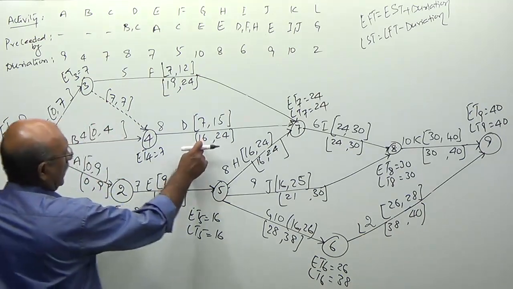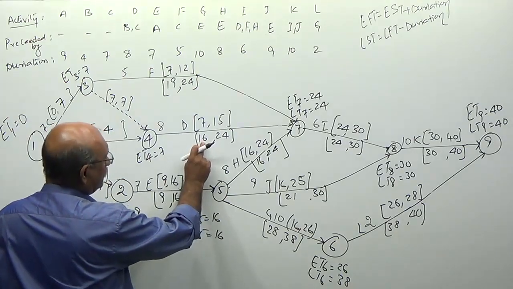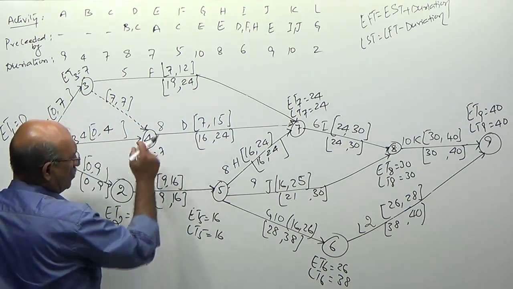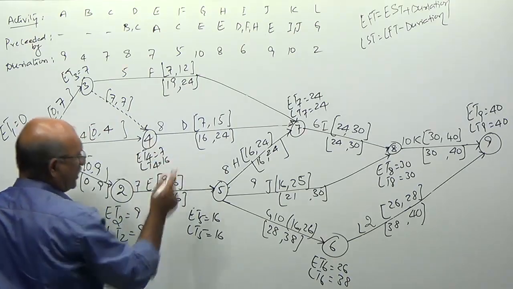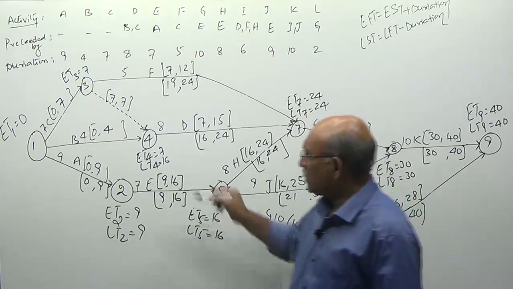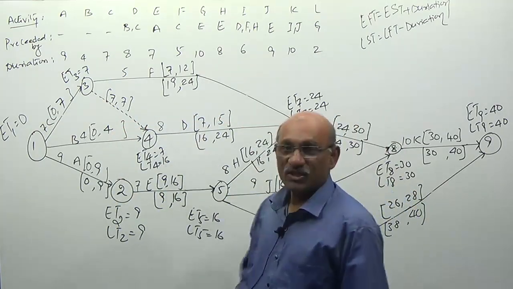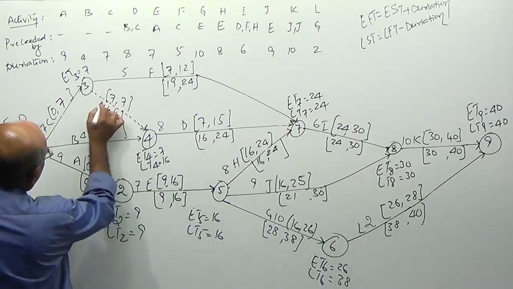Now, this activity D latest can be started on the 16th day. So, even if I reach node number 4 on the 16th day, no problem, sir. So, latest timing of node 4 is 16. This is a dummy activity, sir. 16, 16.